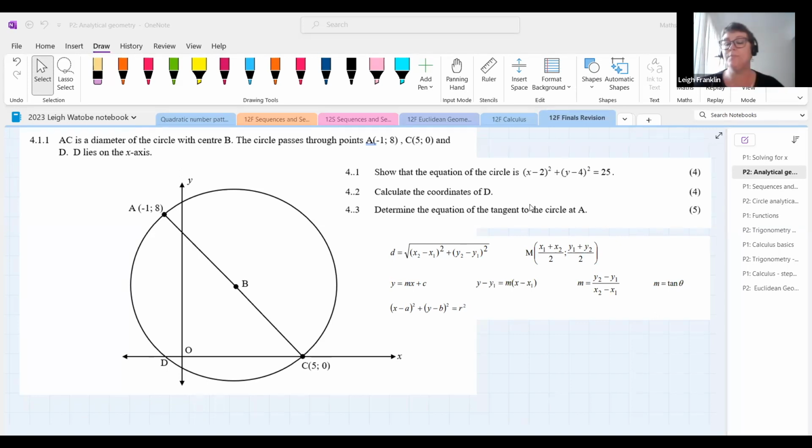What do we think is important for us to establish in order to answer this question? What are we looking for?